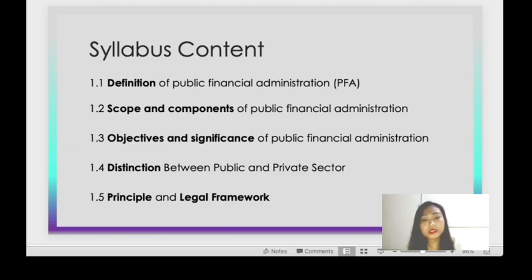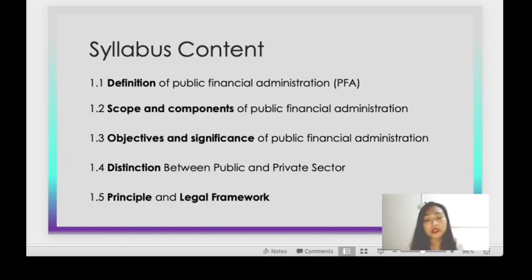Okay, the first one, point 1.1, of course we are going to define what is Public Financial Administration, already shortened as PFA, the abbreviation. And then point 1.2, we will discuss the scope and also the components of public financial administration.